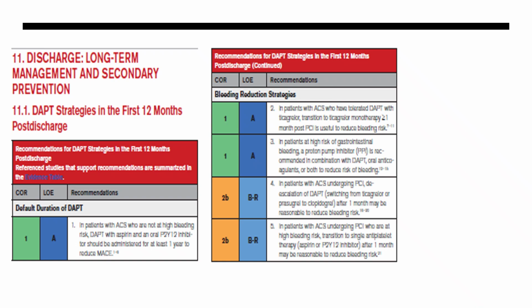Then discharge or long-term management and secondary prevention. Dual antiplatelet therapy strategies in the first 12 months post-discharge. In patients with ACS who are not at high bleeding risk, DAPT with aspirin and an oral P2Y12 inhibitor should be administered for at least 1 year to reduce major adverse cardiac events.